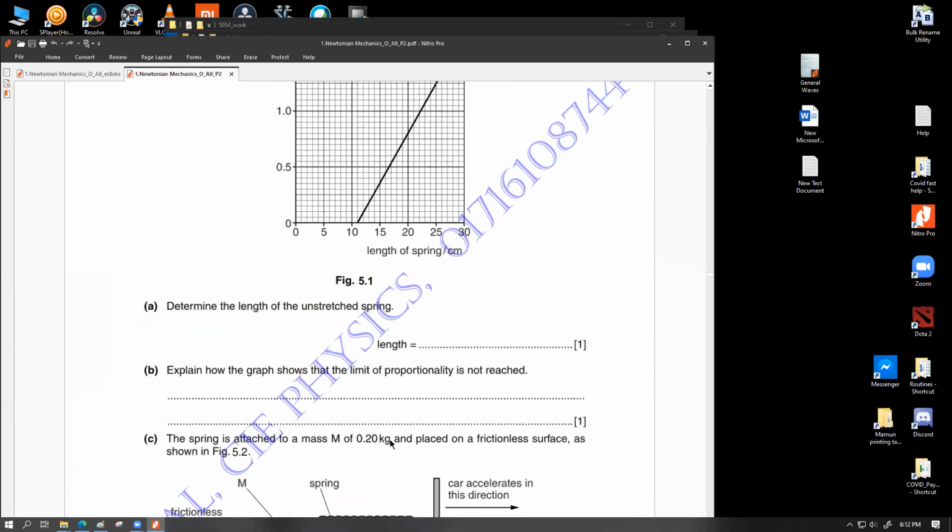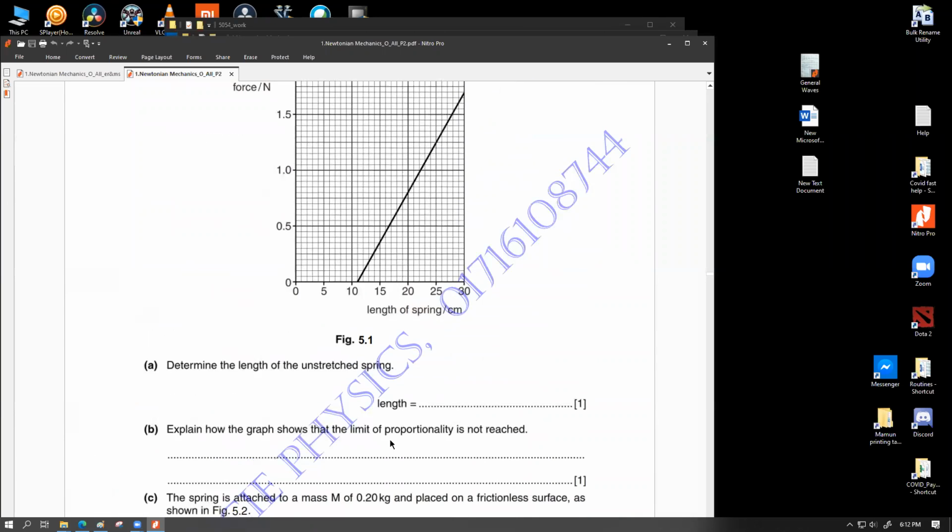If the extension of the spring is 9 centimeter, the total length should be 20 centimeter. So the 20 centimeter line gives us a crossing over here, which goes up here. There is one division above the midpoint between 1 and 0.5. So we have to find the force at this point. Can we calculate that?